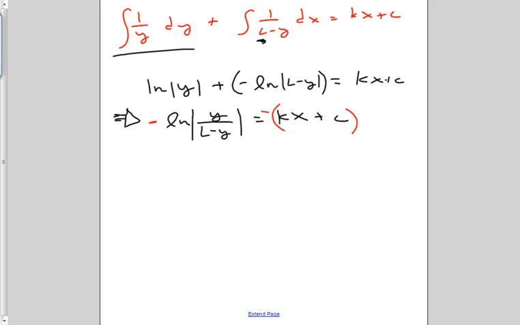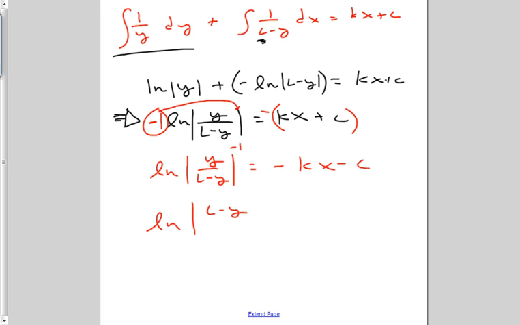Multiplying by this negative in front on the left-hand side, that's negative 1. Using the exponent rule, we can write that as ln of y over L minus y to the negative 1. You're bringing that power up, and that equals negative kx minus c. And then using what we know about a negative exponent, this is ln of L minus y over y equals negative kx minus c.